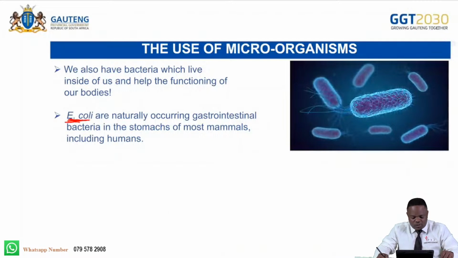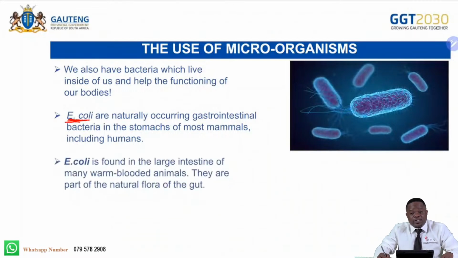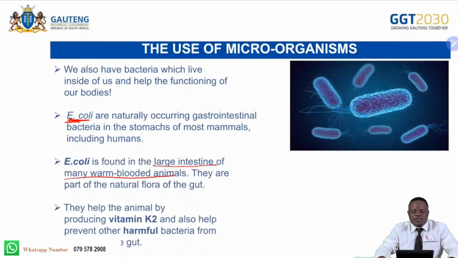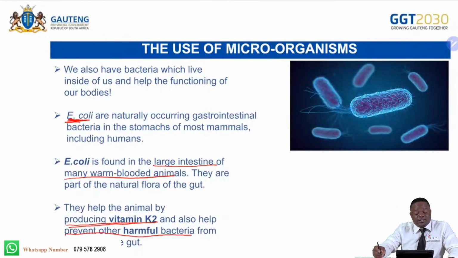E. coli is found in the large intestines of many warm-blooded animals. What is their main role? What does E. coli help mammals with? It helps by producing vitamin K2, and it also helps to prevent other harmful bacteria from growing in the gut.